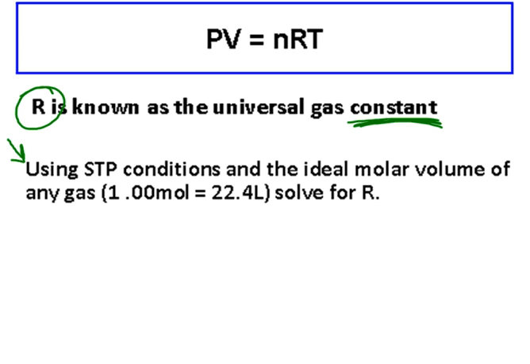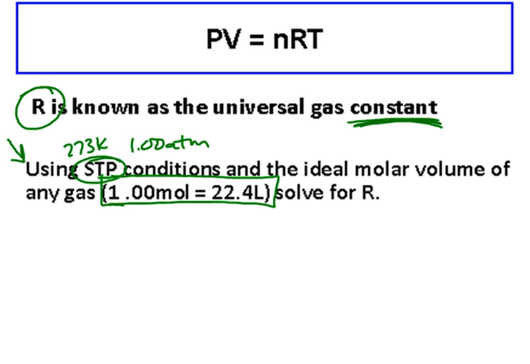So using STP conditions, which is 273 Kelvin and 1.00 atmospheres, and the ideal molar volume of a gas, which is, if I take any gas, 1 mole of it is 22.4 liters if it's at STP. If it's at STP and there's 1 mole there, it's taking up 22.4 liters.